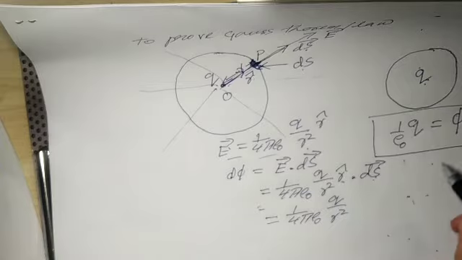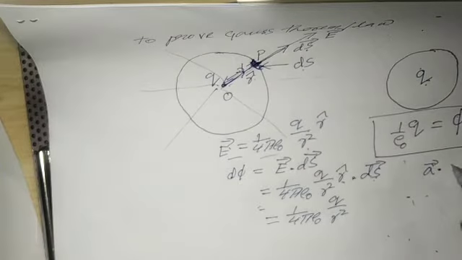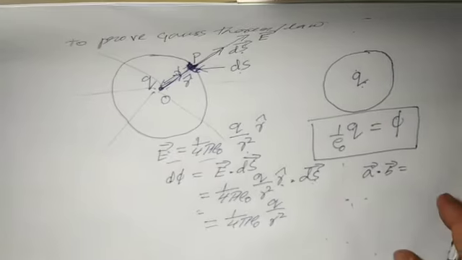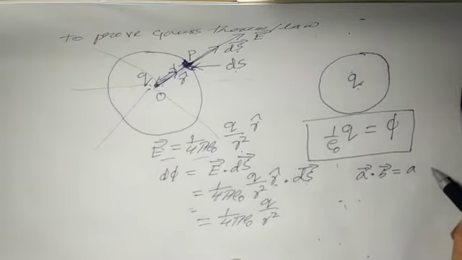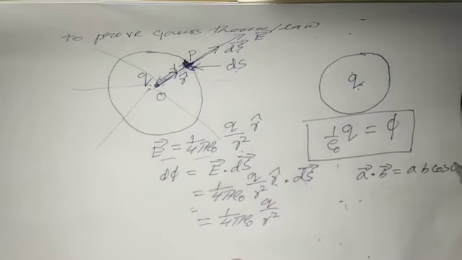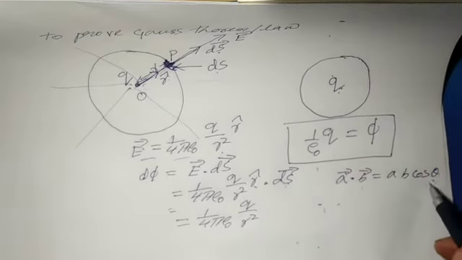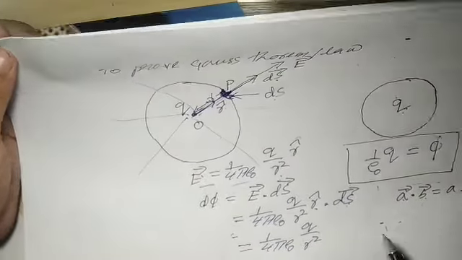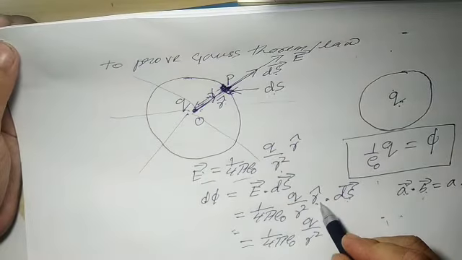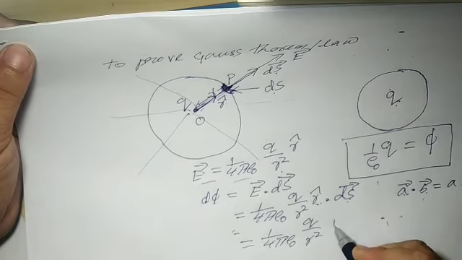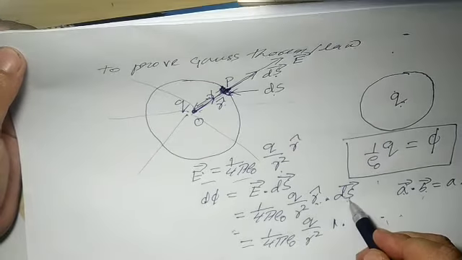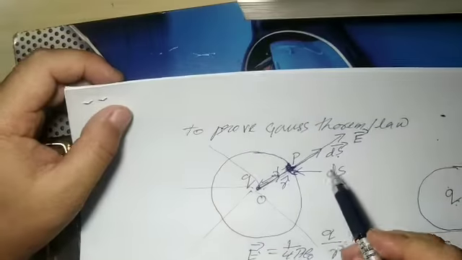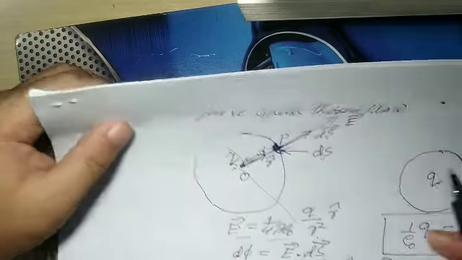So A dot B, vector A dot vector B, is the magnitude of vector A into the magnitude of vector B into cos theta, where theta is the angle between A and B. So what is this? This is a unit vector, its magnitude is 1, into dS. The dS vector magnitude is this one.